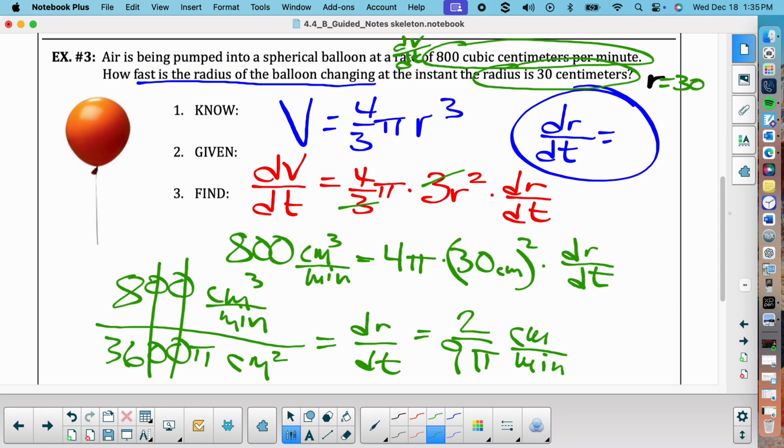Where'd you get 3600? 4 pi times 30 squared. Put that in my calculator. What calculator? What are you guys doing? 30 squared is going to be 9 with 2 zeros, 900, times 4, 36, 2 zeros, pi.